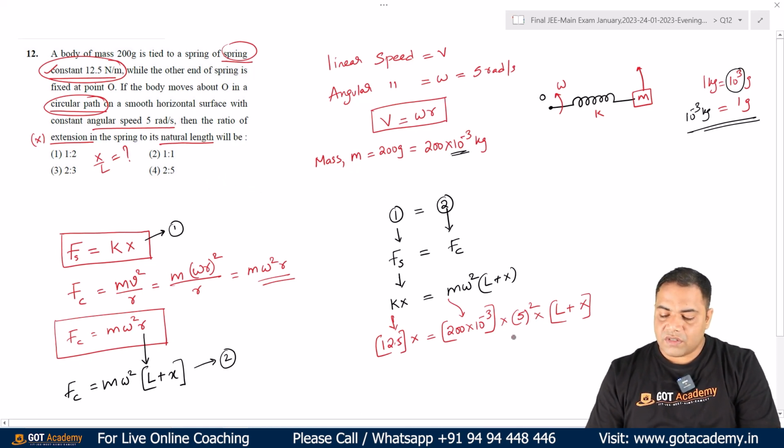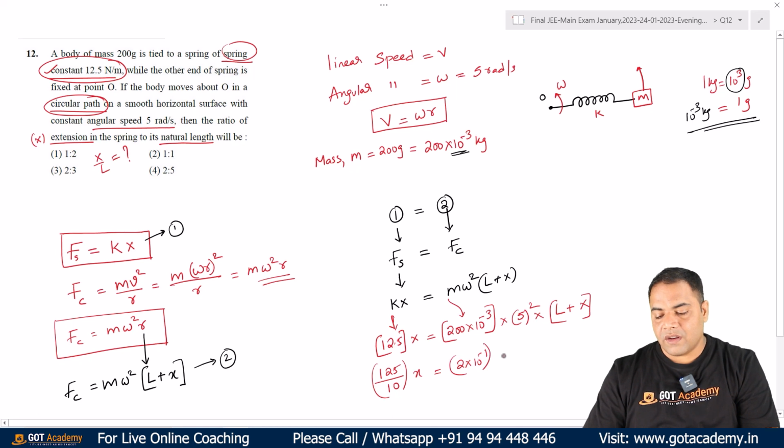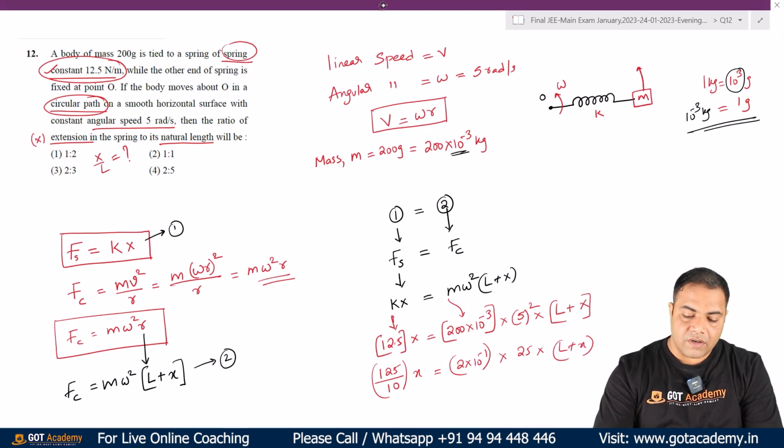Now let us do this. 12.5 I can write as 125 by 10 into X, and this 200 into 10 power minus 3 I could write as 2 into 10 power minus 1, and this 5 square is 25 into (L plus X).